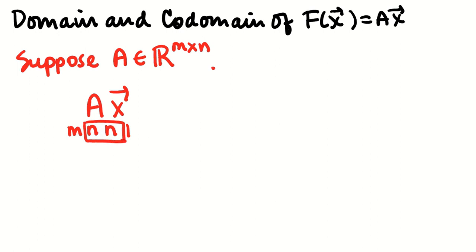Because we need these two numbers to be the same. And then that's going to give me back a vector we'll call B. And that will be an m by 1 matrix.